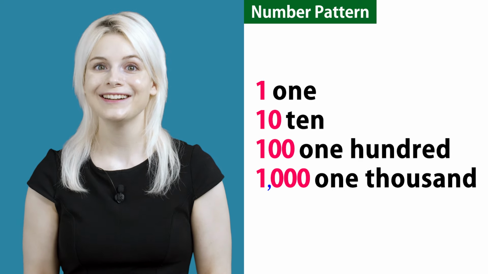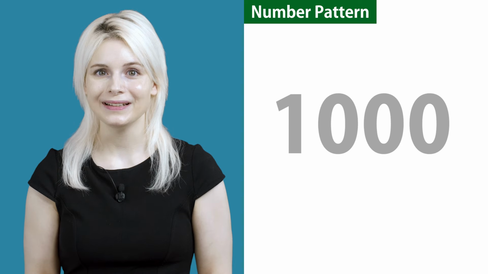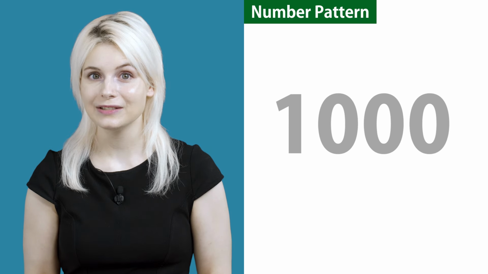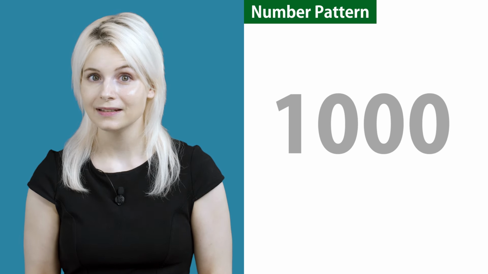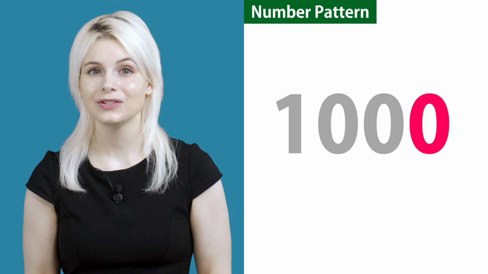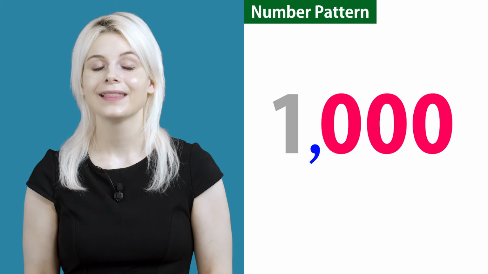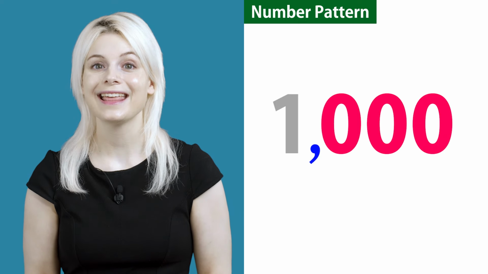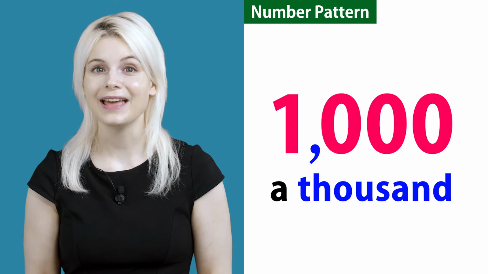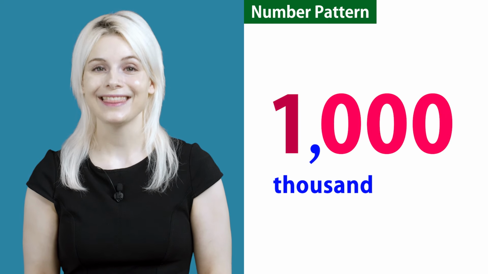Now we should start using commas. In English, there is a rule that for every 3 digits or numbers from the right, we put a comma. 1, 2, 3, comma. This comma tells us that this is 1,000, and we should say 1,000.